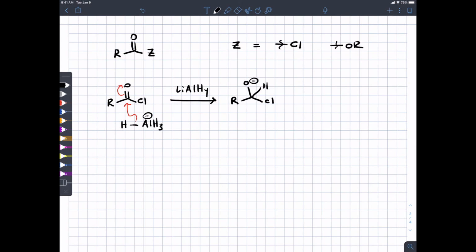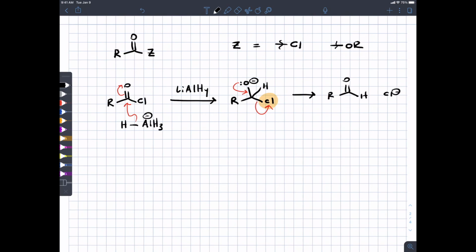Only this time, unlike before with the aldehyde and the ketone, we have ourselves a good leaving group. And it's favorable for the negatively charged oxygen to kick off Cl-. The reason you can tell that's favorable is because a negatively charged chlorine is more stable than a negatively charged oxygen.